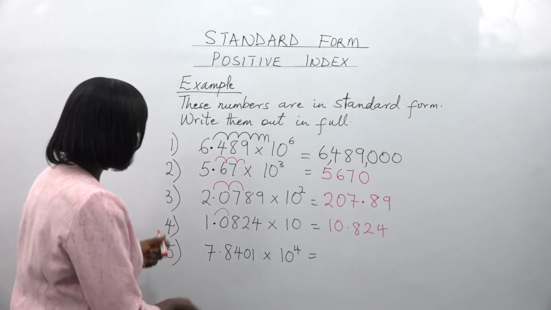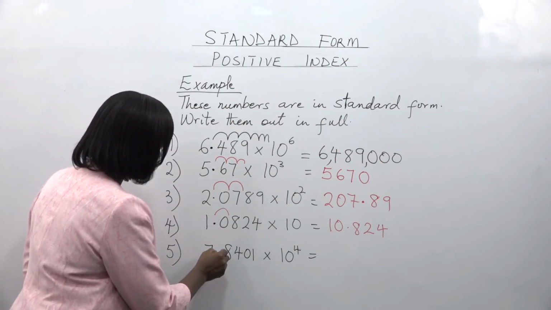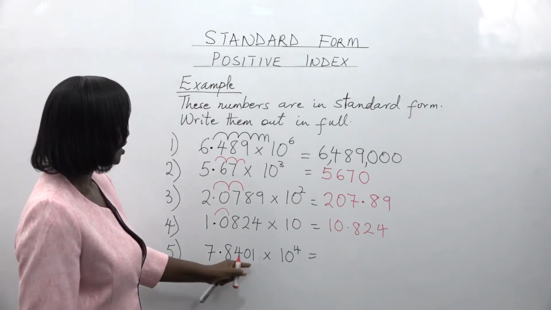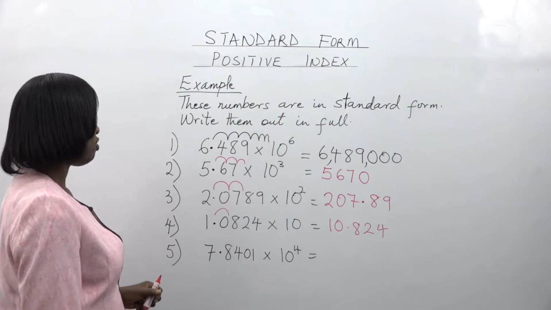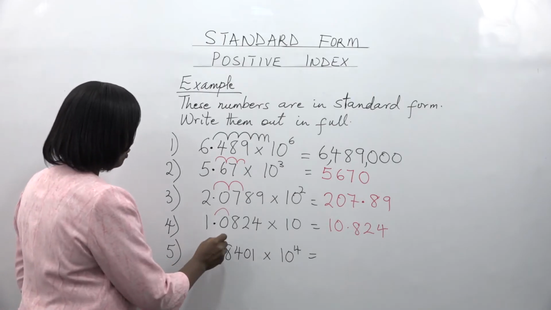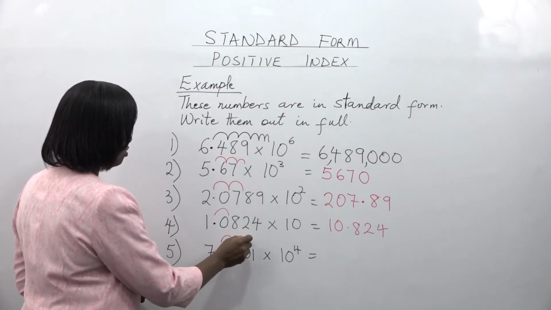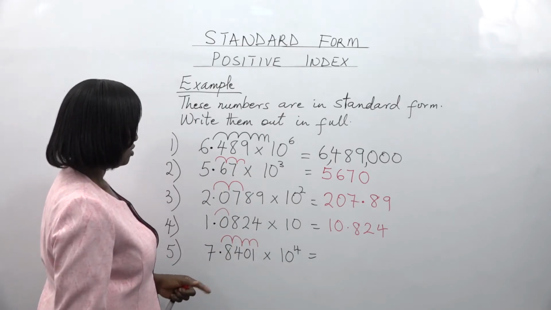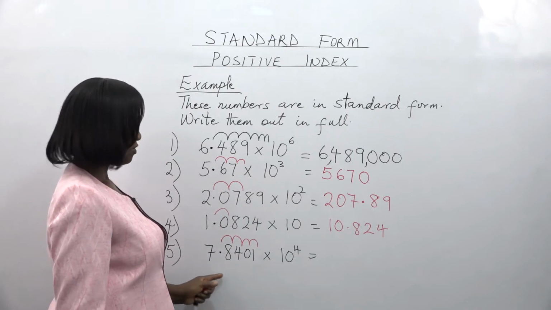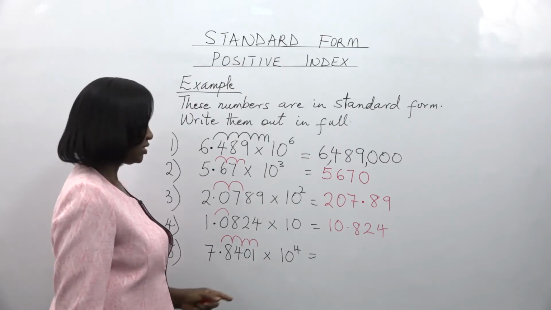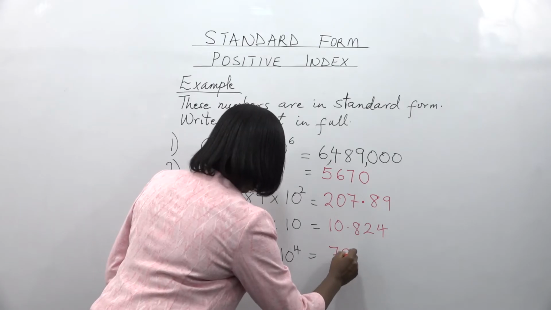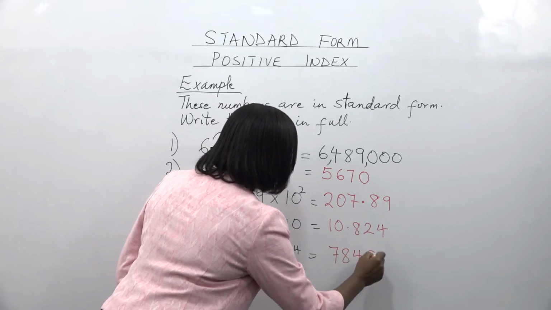For the last one, we have 7.8401 times 10 to the power 4. It fits exactly. 4 digits, 4 loops. So that's equal to 78,401.